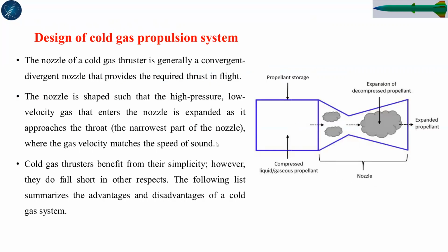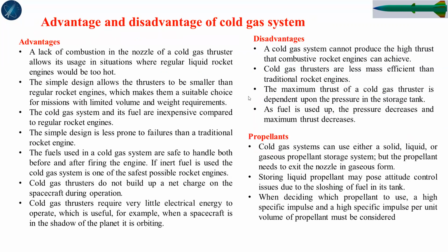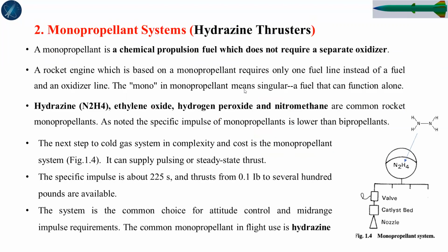So this is the design consideration of the cold gas propulsion system, and the advantages and disadvantages of the cold gas system. Again, the monopropellant system, what does it mean? Another name for this monopropellant system is hydrazine thrusters. N2H4 is the hydrazine, which lets us use the monopropellant system.